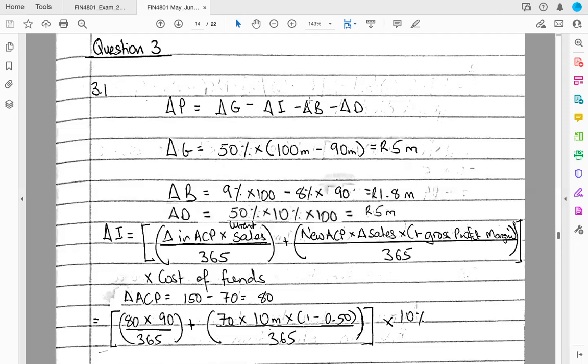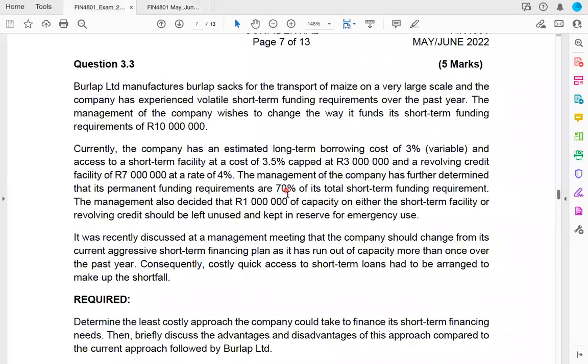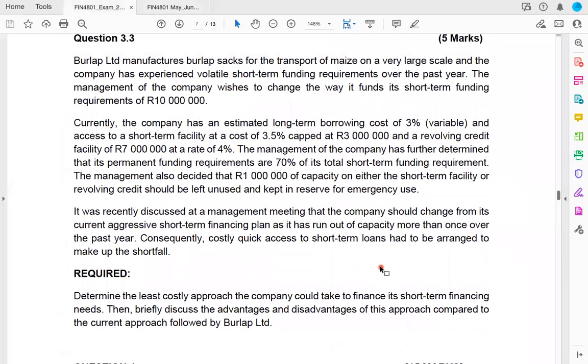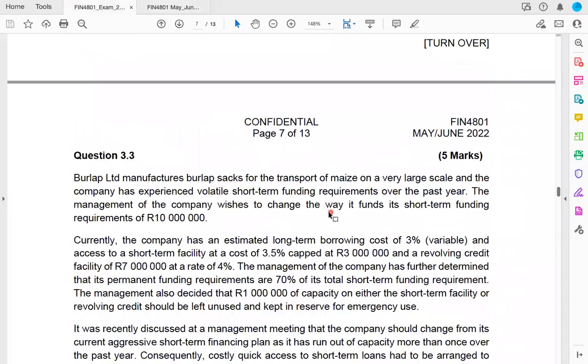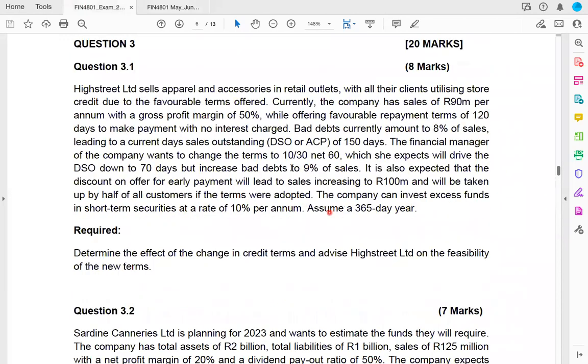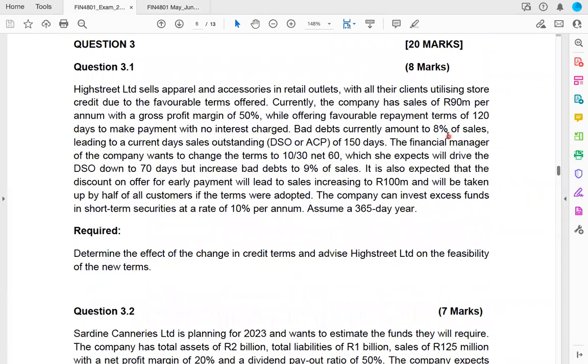Then the second item, our bad debts. We've been told that our bad debts are going to go up to 9% of sales, whereas they are currently 8% of sales, right?